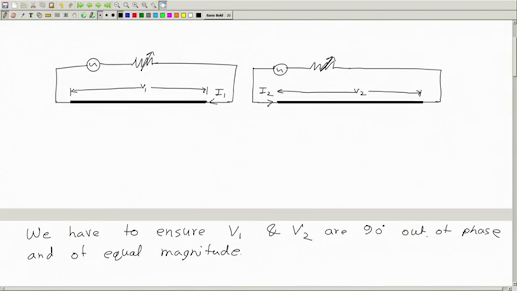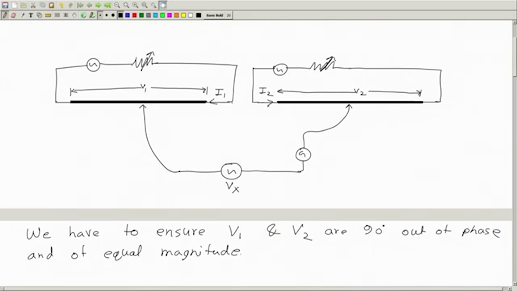Okay. Now let me have the unknown source. So the unknown source is here, Vx, x means unknown, and what we will do is we will connect two jockeys like this, one through a galvanometer, one here, another here.